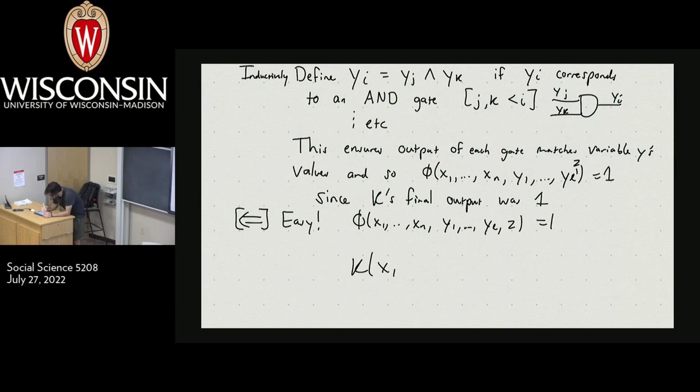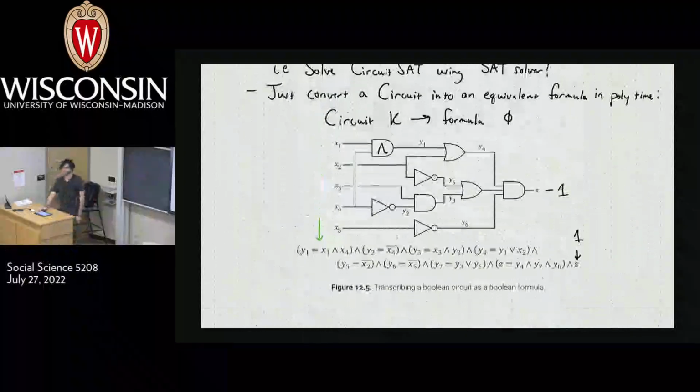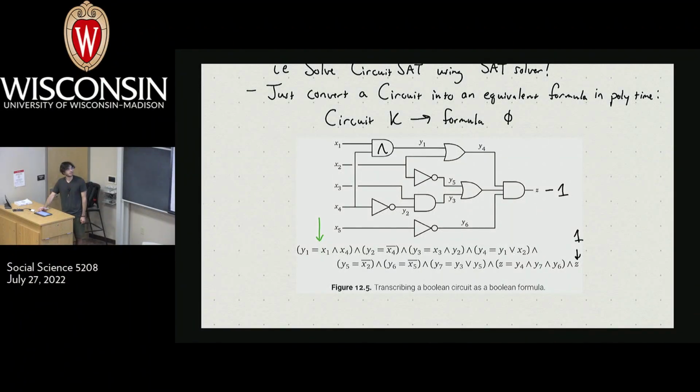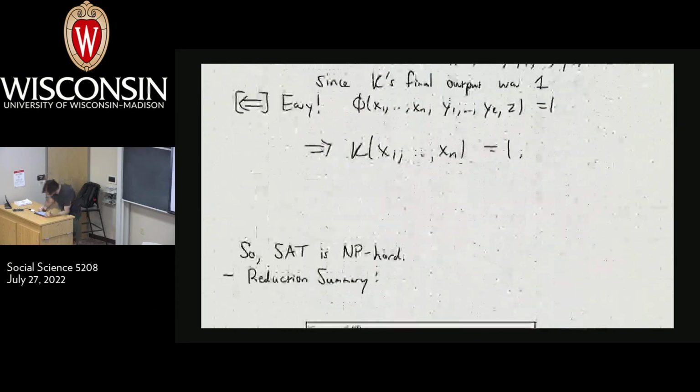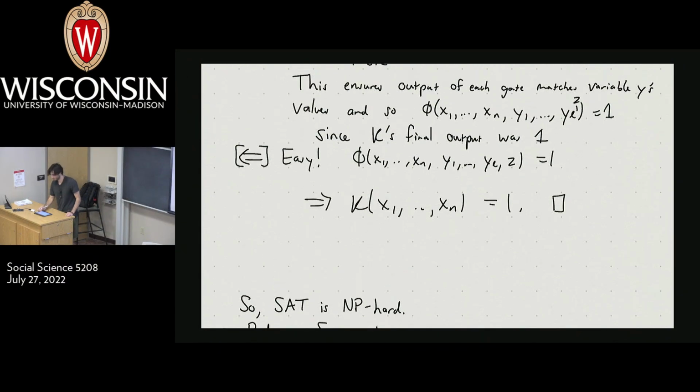Well, that immediately implies the same x1 through xn makes the circuit equal to 1. And that's just by how we construct the formula. So that proves the reduction's correct.